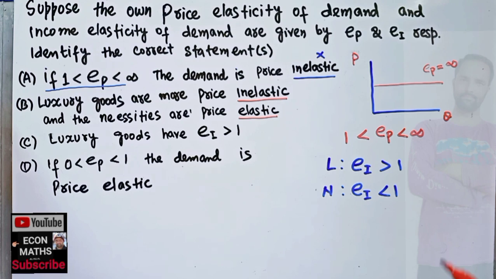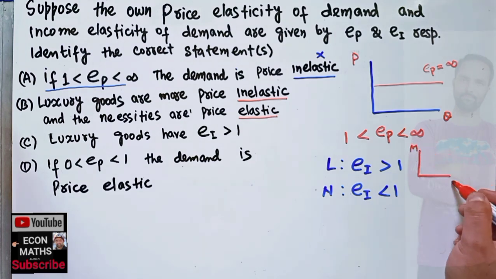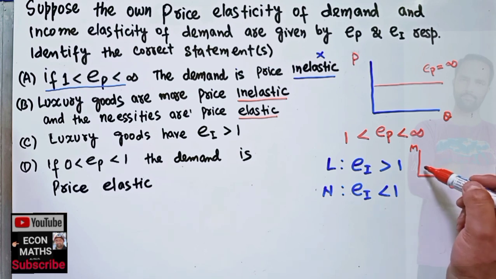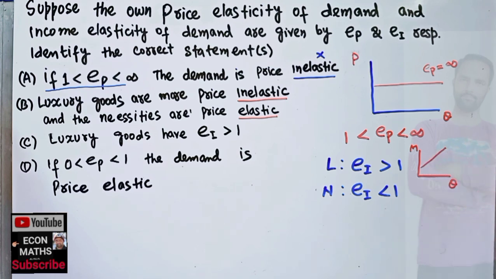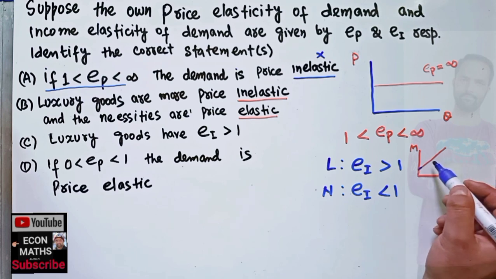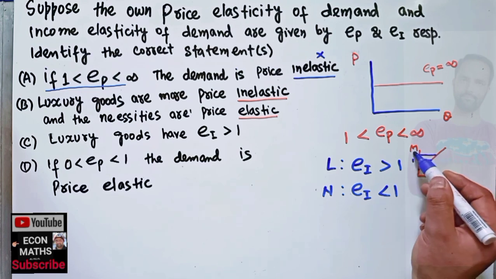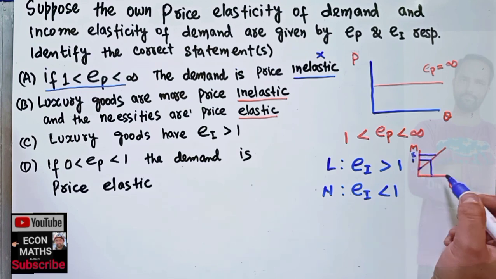The graph could have been like this: income on this side, quantity on this side, and this is our demand function. It simply says that if income increases from, let us say, 1 to 5, quantity demanded will increase from, let us say, 3 to 8.